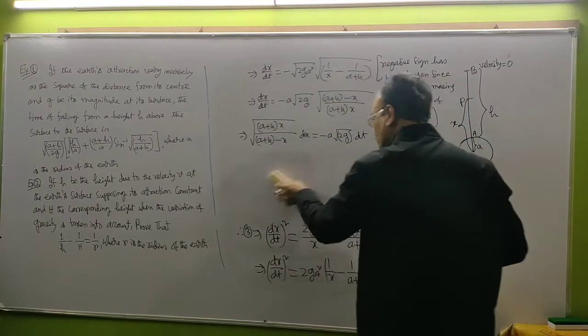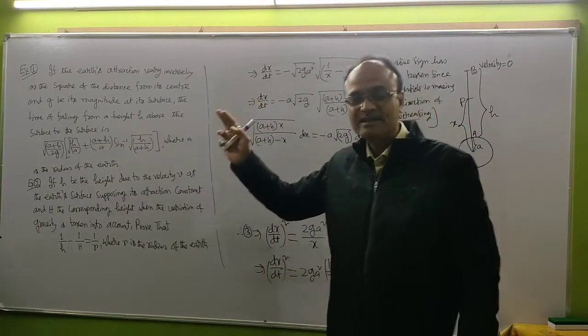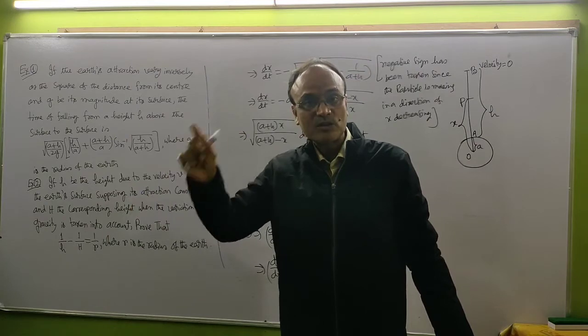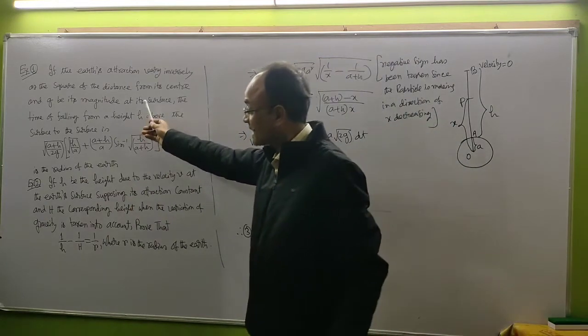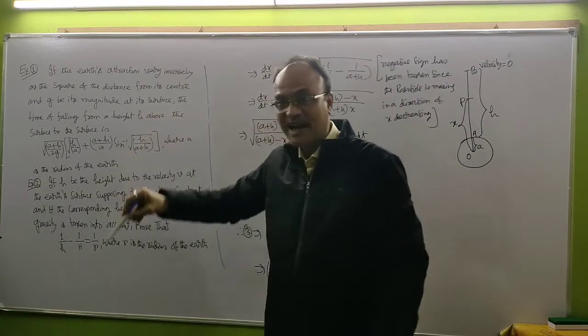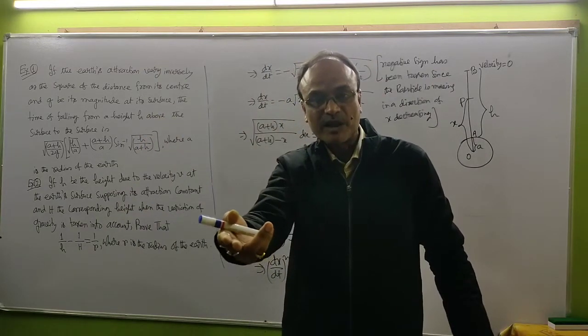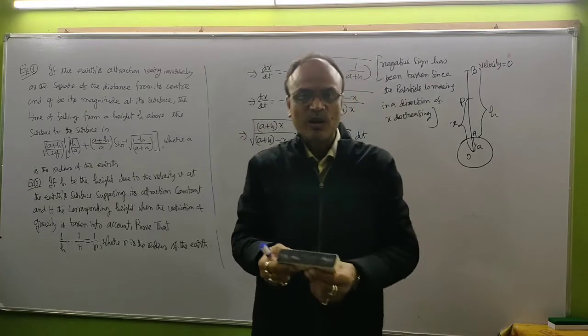Now, you see, we have to find the time taken by the particle from B to A. We have to find the time taken by the particle from a height h above the surface of the earth to the surface. What does it mean?